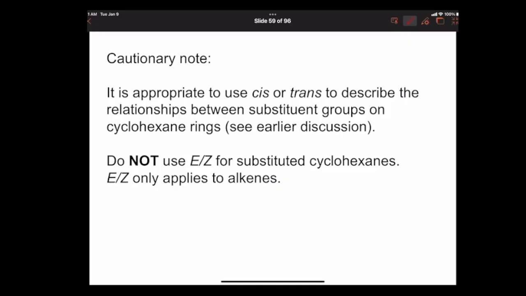That's like saying I am standing to the left of this desk. You can use cis and trans for rings, like cyclohexanes. You can use them for alkenes. Do not use EZ geometry on cyclohexanes. E and Z is restricted to talking about isomers only for alkenes, okay? So it's specific to that.